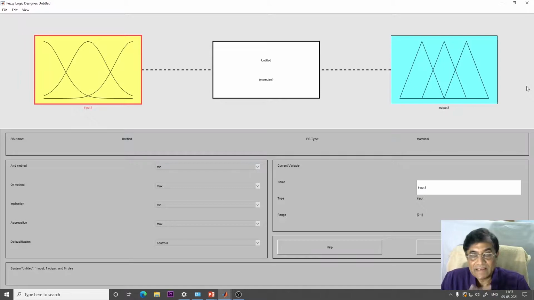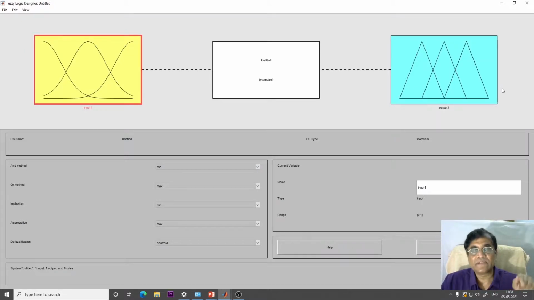What is a cell? A cell is, first of all, an expert system. I believe you have some fundamental knowledge about what an expert system is. If not, then please brush up. I will also try to show you with an example what a typical expert system is. So this is called a fuzzy expert system.